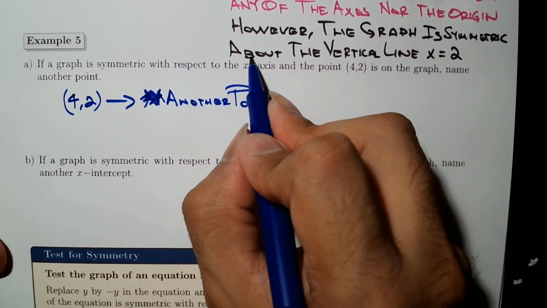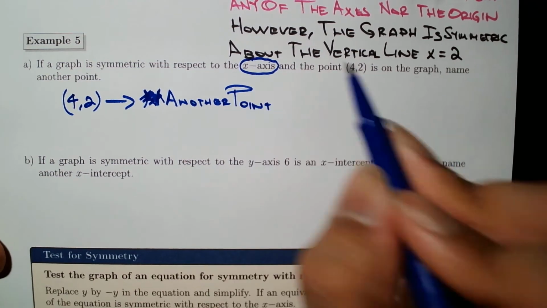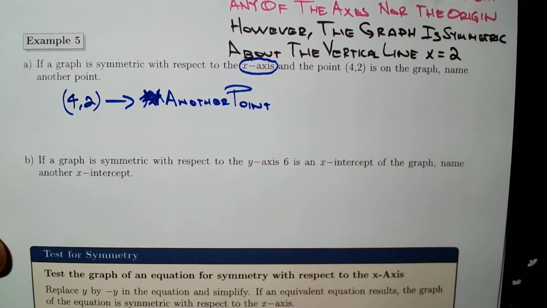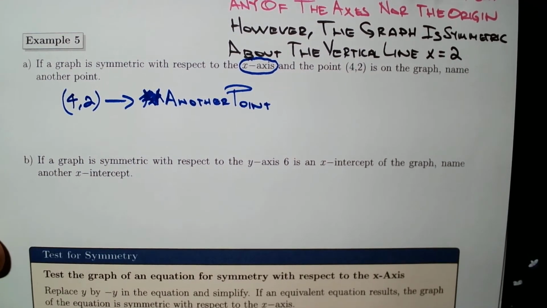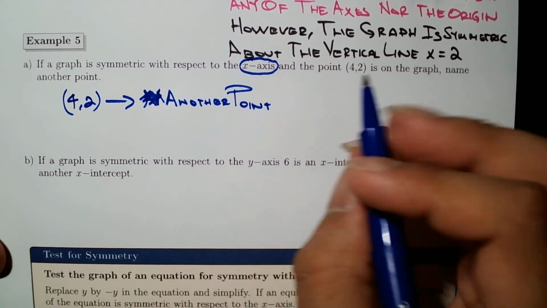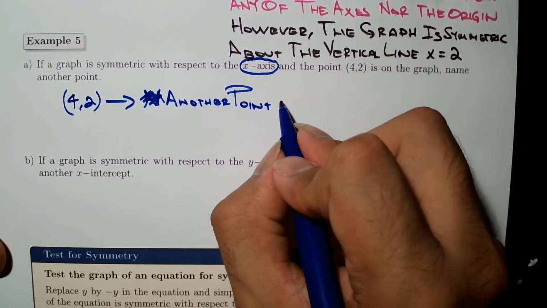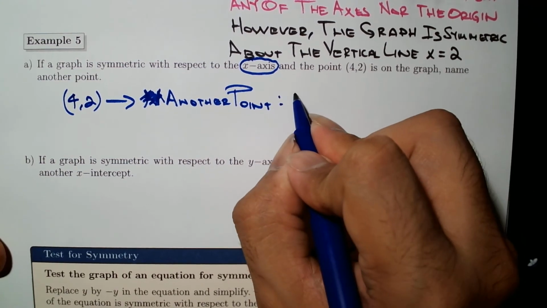What do we do when we have symmetry with respect to the x-axis? In this case, change the sign of the y value, and that's the other point.